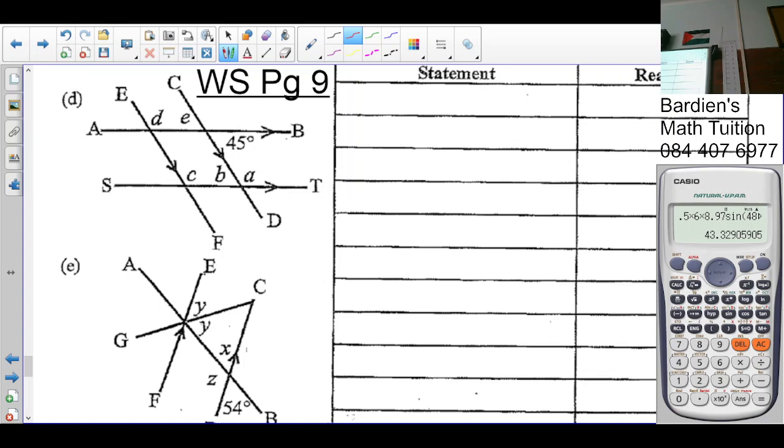Why? Corresponding is what letter? F. So if I'm going with the F here, then that is the F. That angle is unmarked. If I go with that 45 degrees, that angle there is 45 degrees. It is not falling on A. You are saying the right reason, but you are doing the application of that theorem wrong.